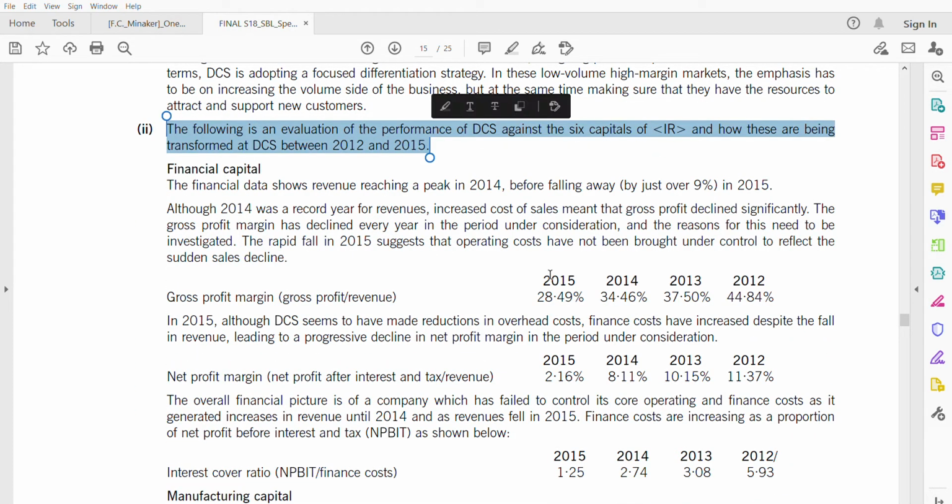The following is an evaluation of, you need to mention this by the way. Don't just write financial capital or just start writing. You need this. This itself will give you 1 mark. These are your professional skills I'm talking about. Just writing 1 sentence you will get 1 mark. Think about that. It can make the difference between your pass and your failing. Don't think anything as a joke.